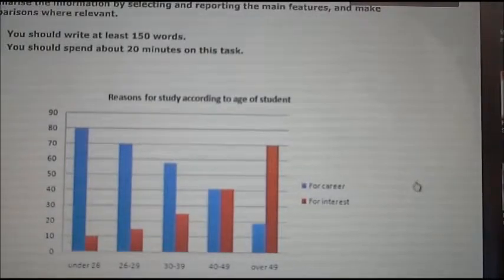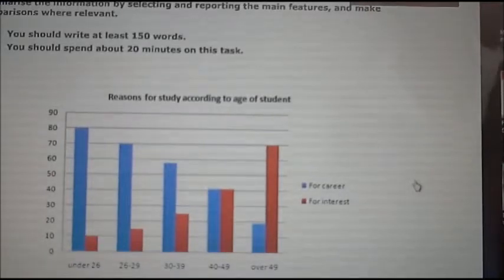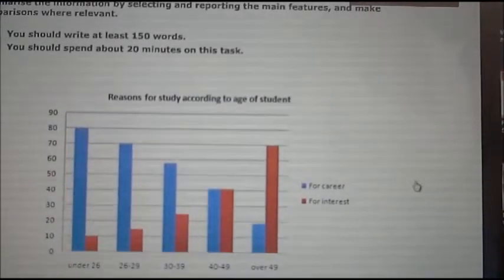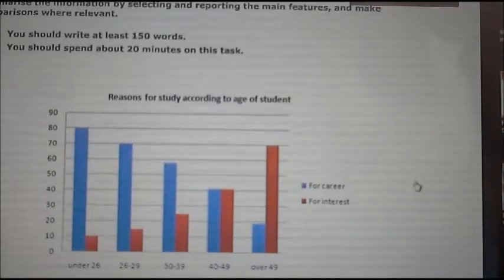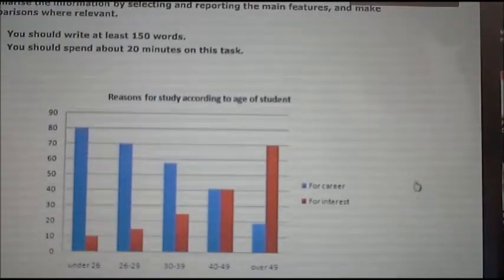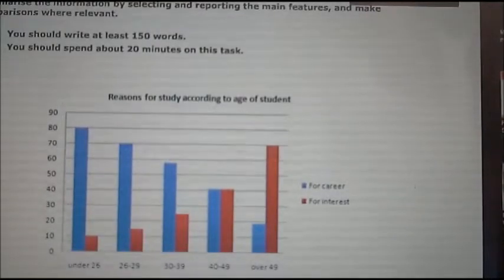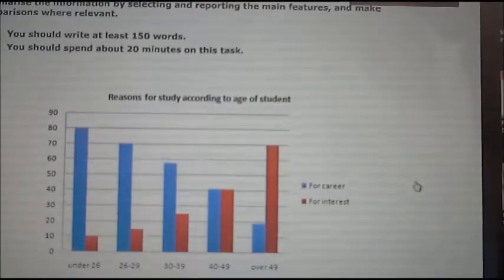I believe it's percentage probably, so we can say 80% of the people under 26 years learn for career, and only 10% for interest.